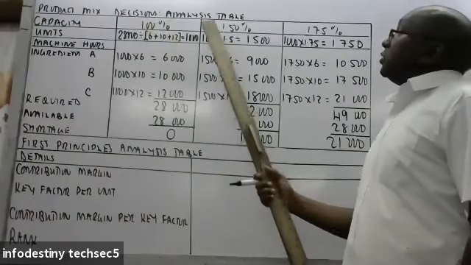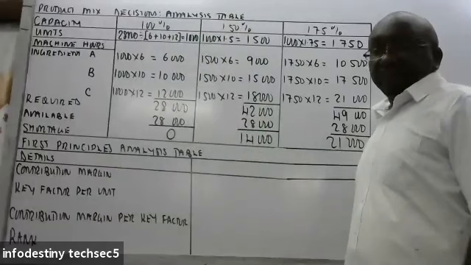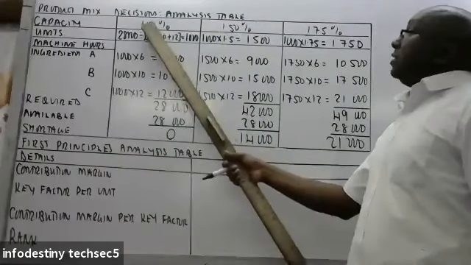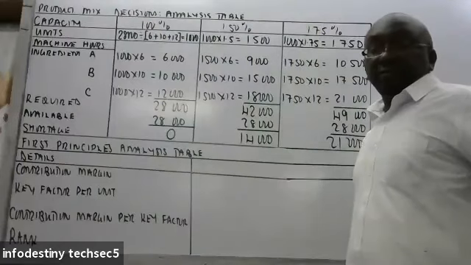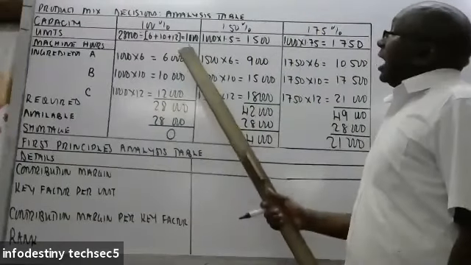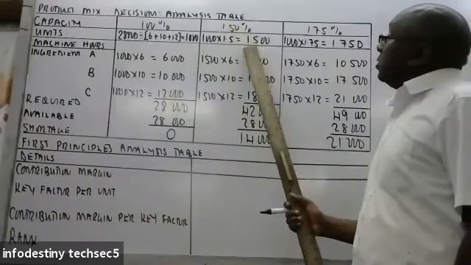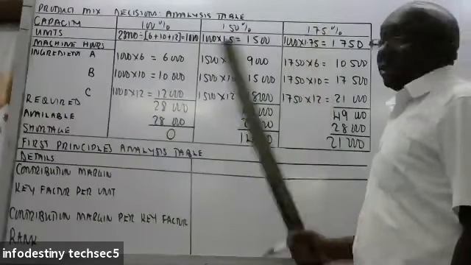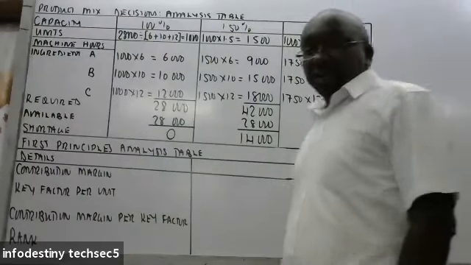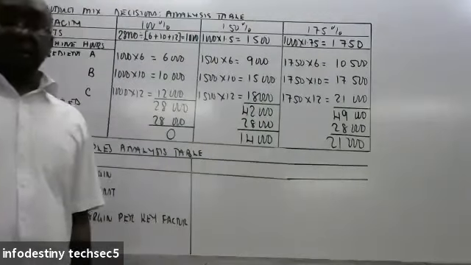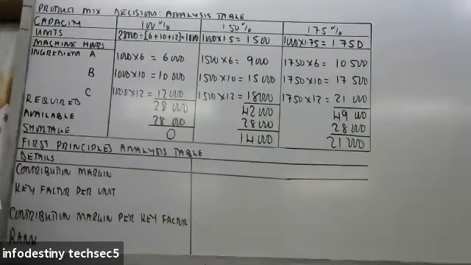So 100 plus 50 takes us to 150. Then we add 75%, so 100 plus 75 gives us 175%. Then if 100 is 1,000 units, 150 is how many units? 175% is how many units? Is that what you are asking, Ibrahim? Good. So I hope now it's okay.